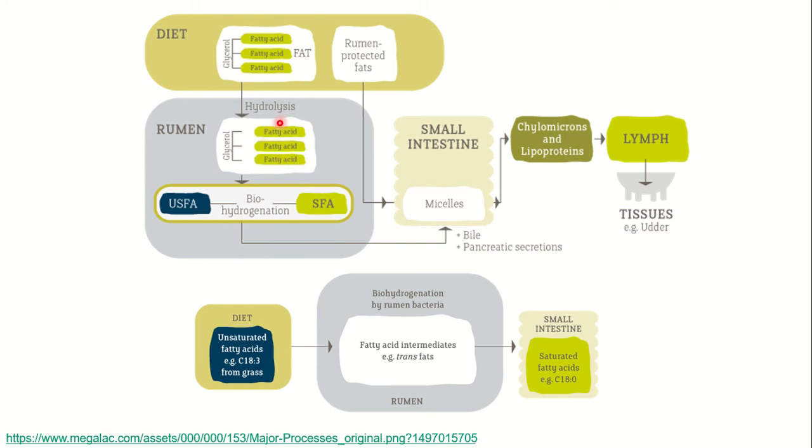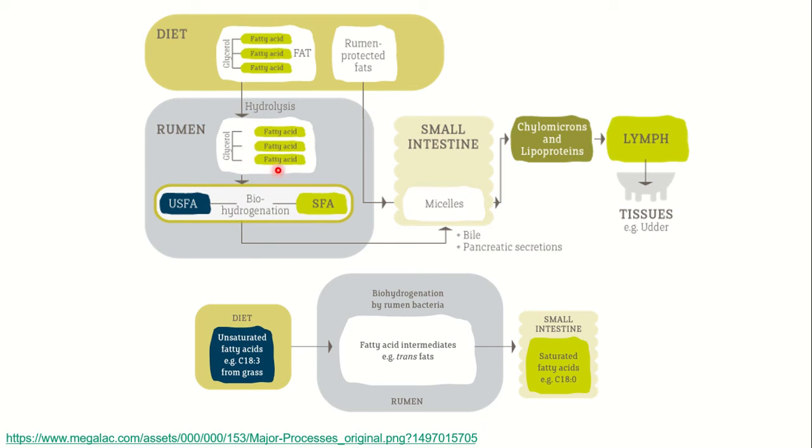So we call the product of hydrolysis glycerol, and the fatty acids unattached to the glycerol we call free fatty acids. Okay? Free fatty acids because they are freed, or separated, unattached to our glycerol molecule.